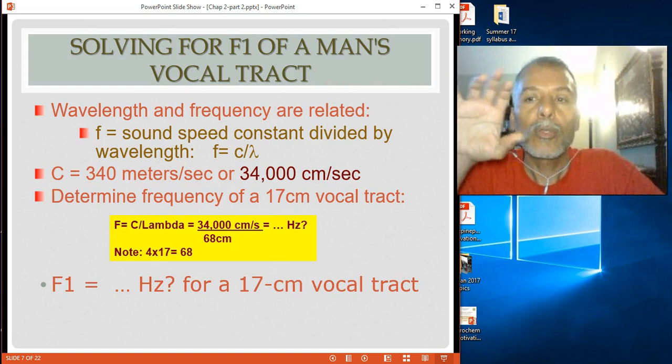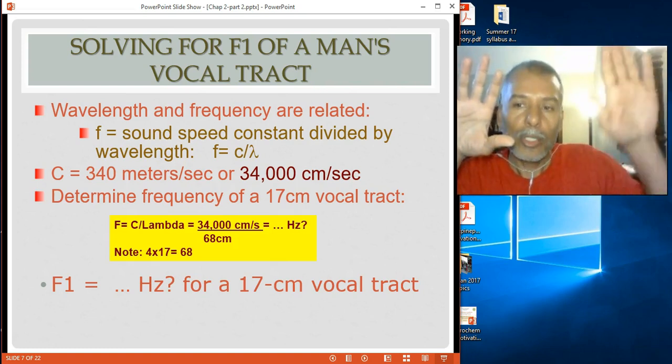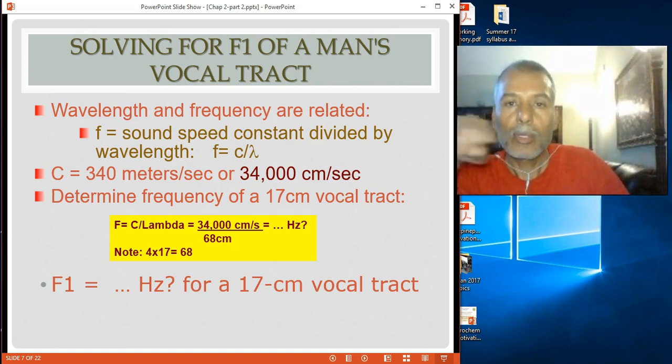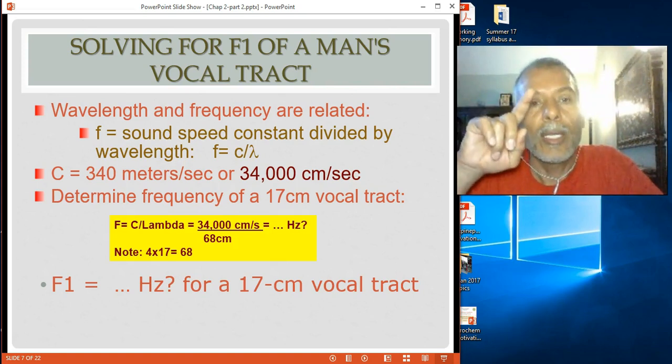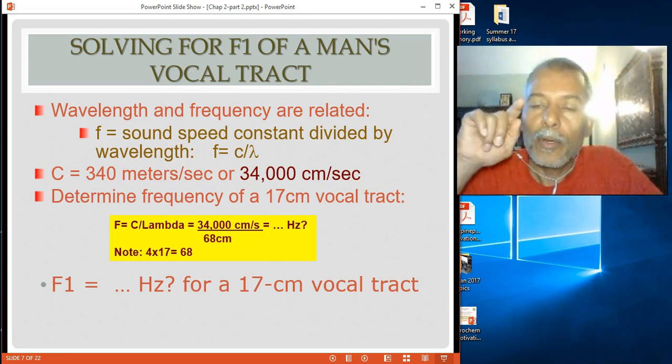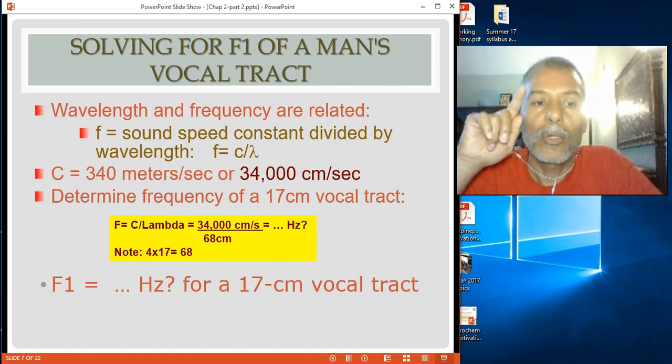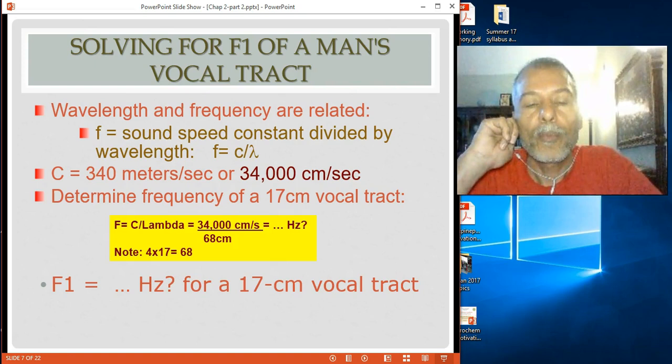So instead of the fundamental, we just delete it and put F1, the first resonant frequency. The first vibration in the series is going to be the fundamental frequency. So that will be F1, 500.